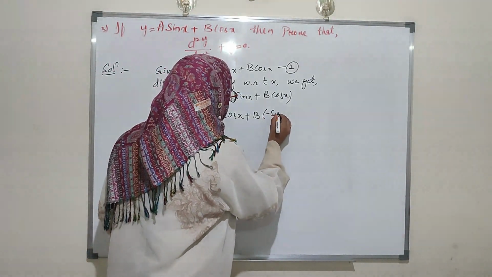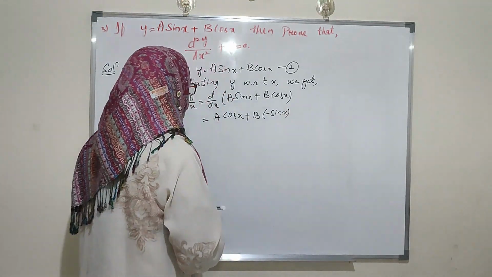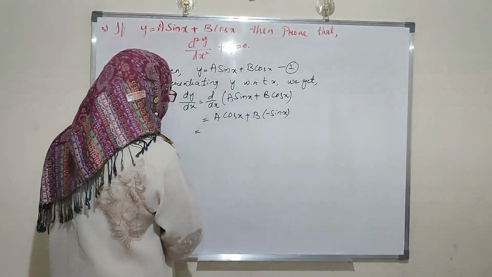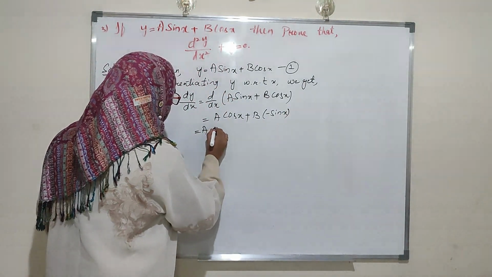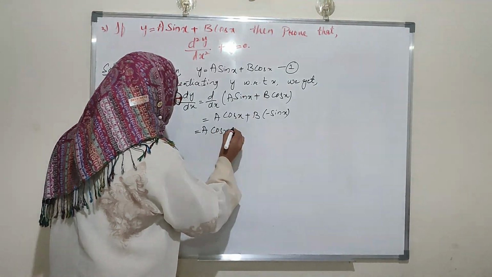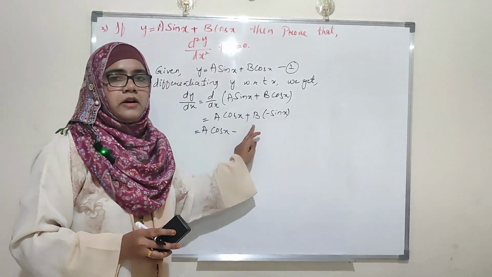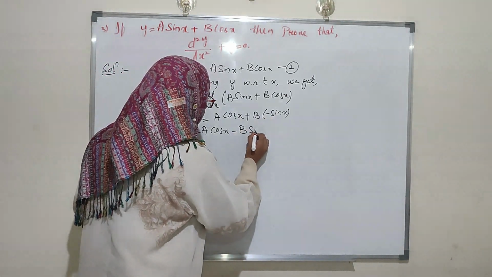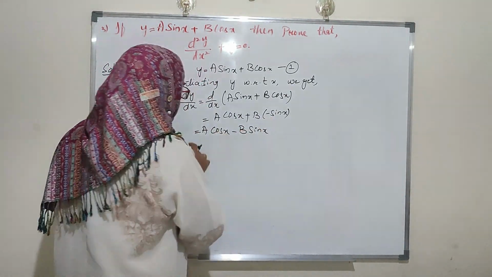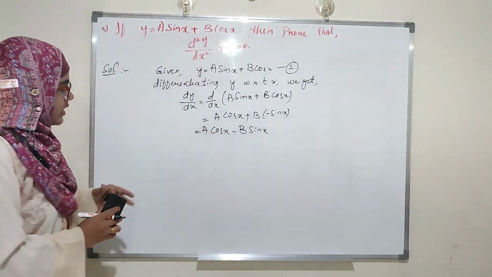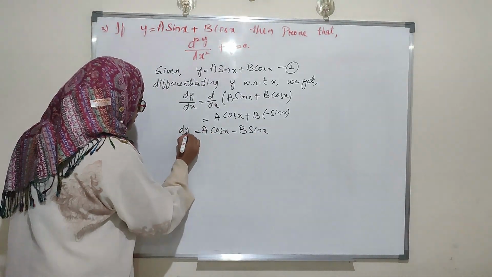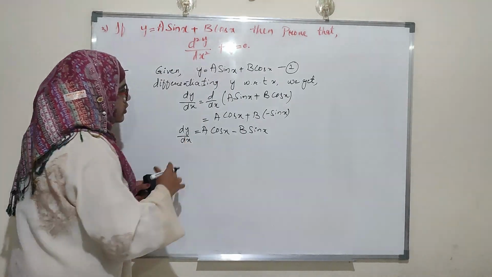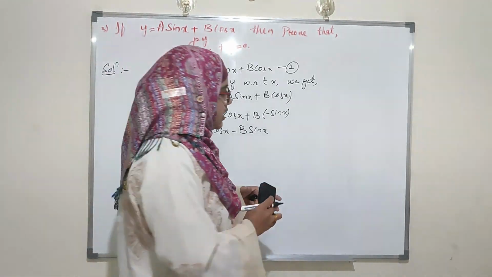It is equal to a cos x plus into minus is minus b sin x. So this one is dy by dx. Name this equation as equation 2.